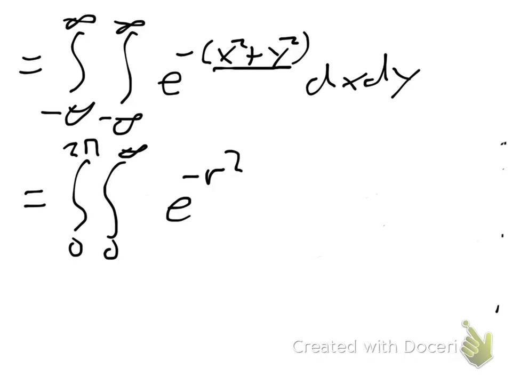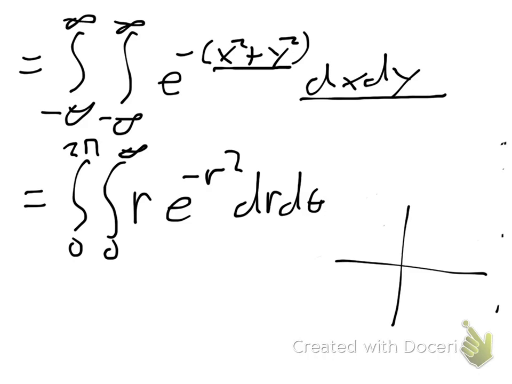And then we know that the area element, in Cartesian it's dx dy, but the area element in polar is dr d theta with an extra r. And you can see that on a graph. If we want a tiny little sliver, we have r here, times a differential little angle d theta.